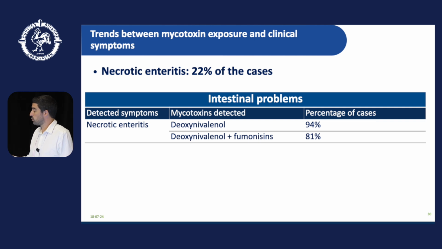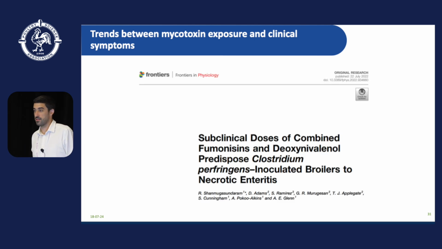For example, 22% of the analyzed farms were suffering necrotic enteritis. And we detected in these farms a higher exposure to DON and also to DON and fumonisin. And actually, it has been demonstrated scientifically, and the next speaker published this nice study, that they detected this correlation of considered low levels of DON and fumonisin and increase of necrotic enteritis.